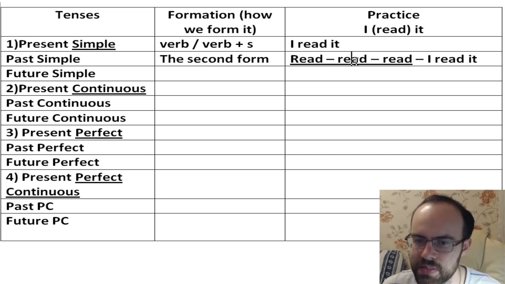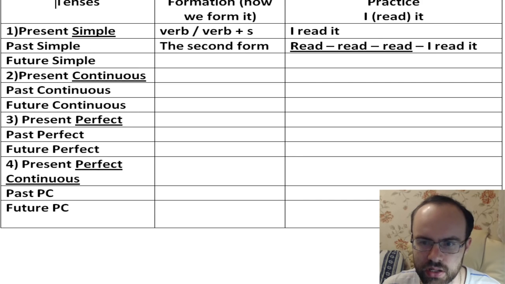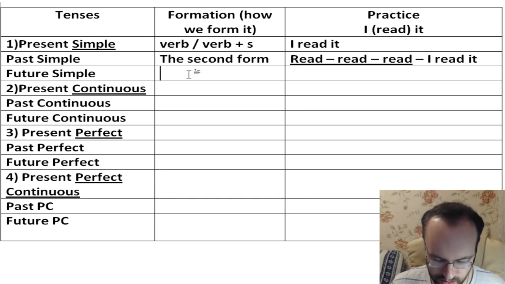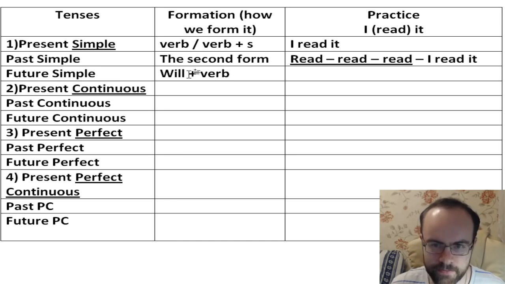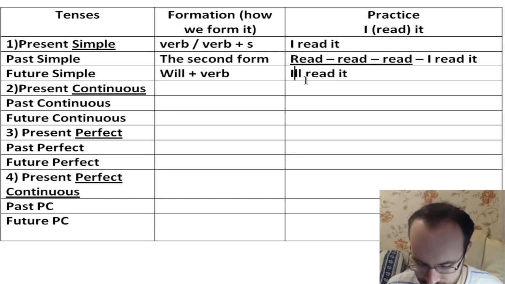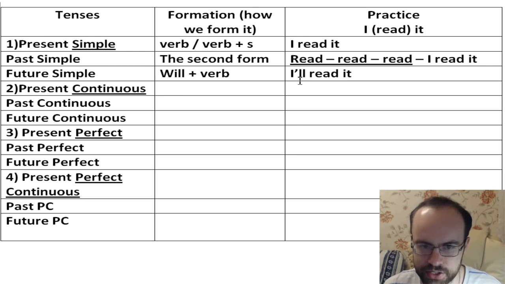So I read it, okay? Good. Next, future simple: will plus verb. You can say I will read it, or we mostly use short forms, I'll read it. You know that we mostly use simple tenses, and you should know this first of all. It's the most important thing, really.